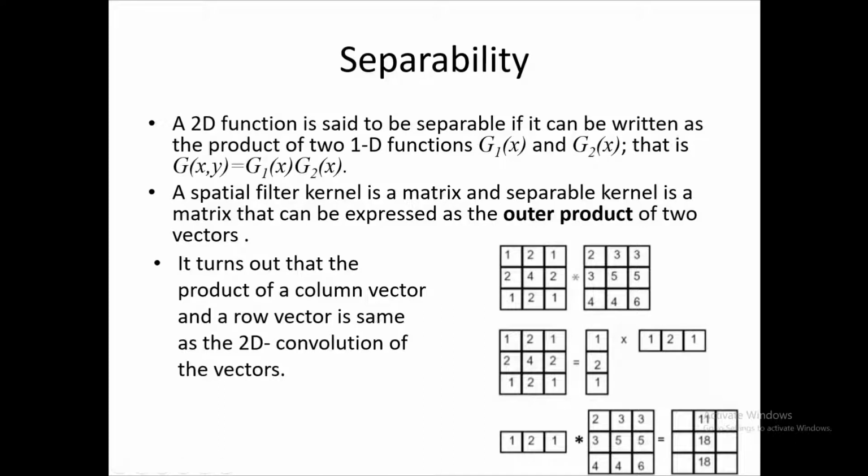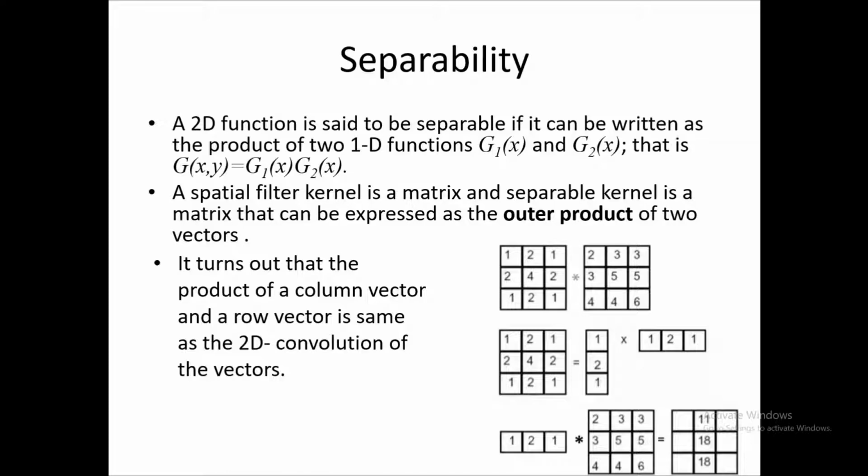It turns out that the product of a column vector and a row vector is the same as the 2D convolution of the vectors. It means if I break this into a column vector and a row vector and perform the convolution operation separately, then the net result will be the same.